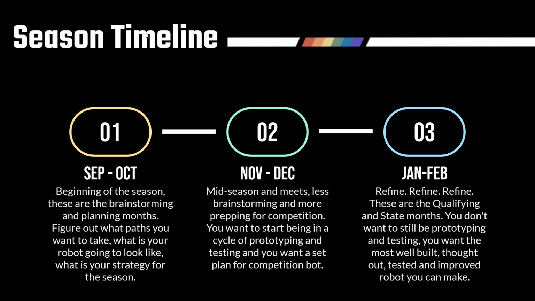If you make it that far, you don't want to be in the prototyping and testing cycle, because that leaves you a lot of room to have errors. If you don't test enough, if you don't refine enough, you're going to be left with little errors that are really going to mess you up in competitions, that are going to come out of nowhere and really hinder your performance. And so you want the most thought out, best built robot that you can make.